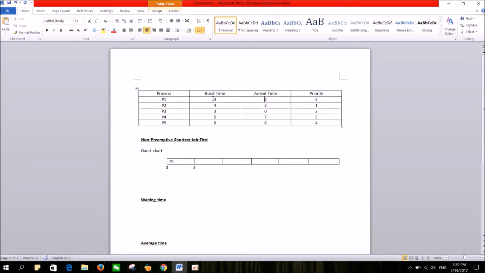But in this question, both processes have the same burst time of 4. So lastly, we have to check their priority. The lower priority will be chosen to be executed first. So P2 has the lower priority, which is 1, compared to P1.